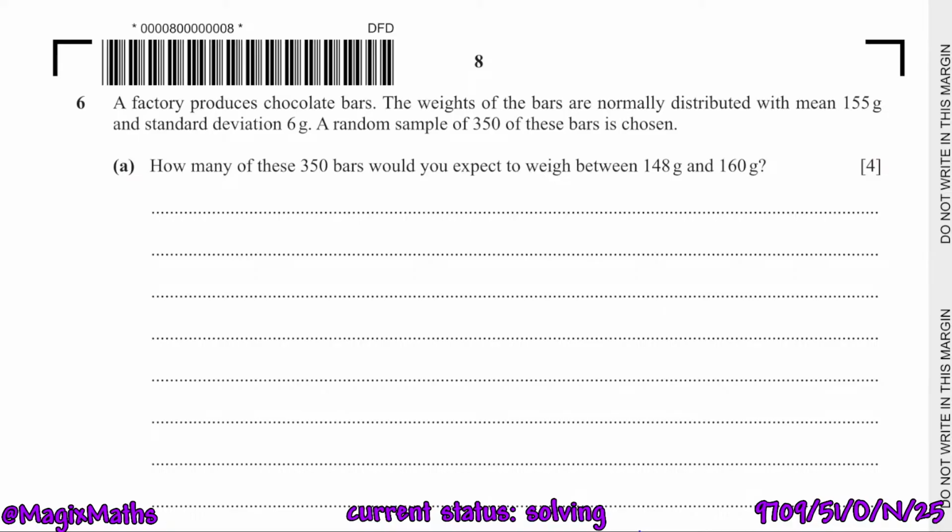A factory produces chocolate bars. Weights of the bars are normally distributed. So let's have X normally distributed with mean 155, standard deviation of 6.